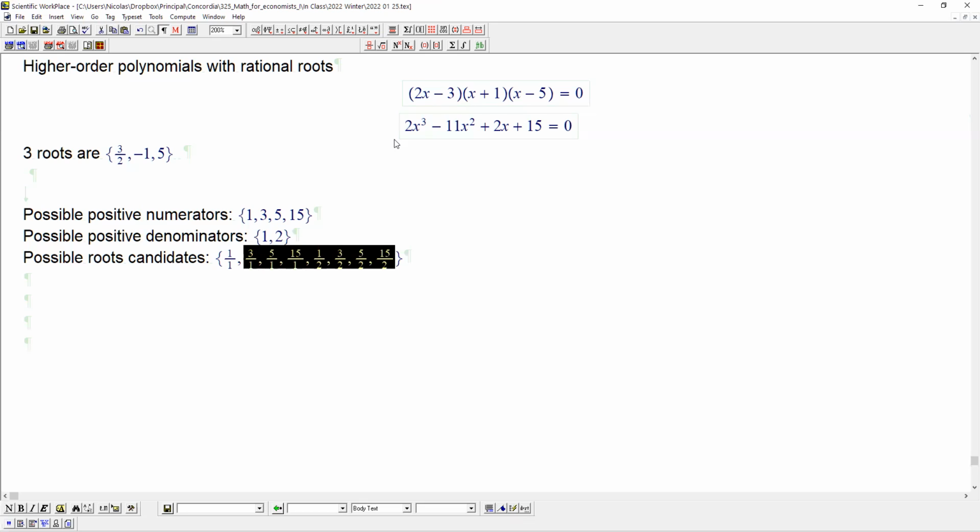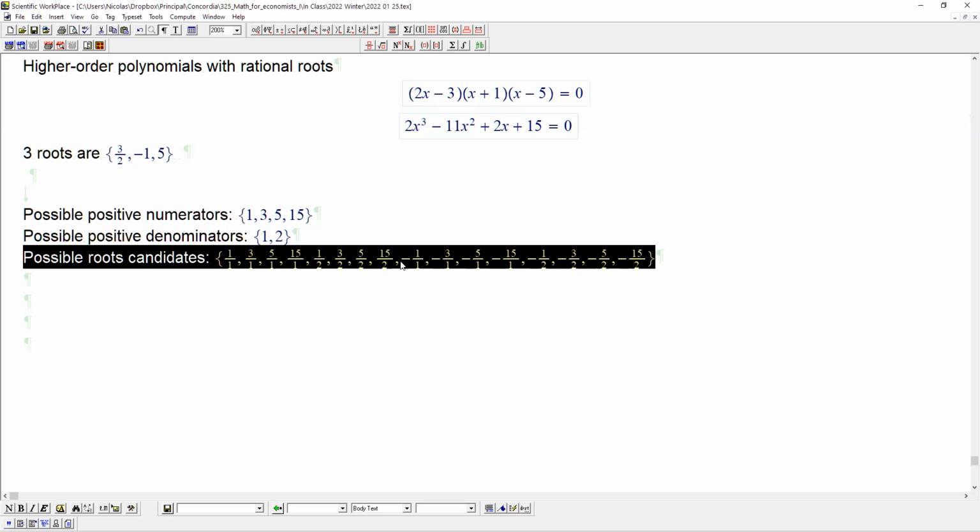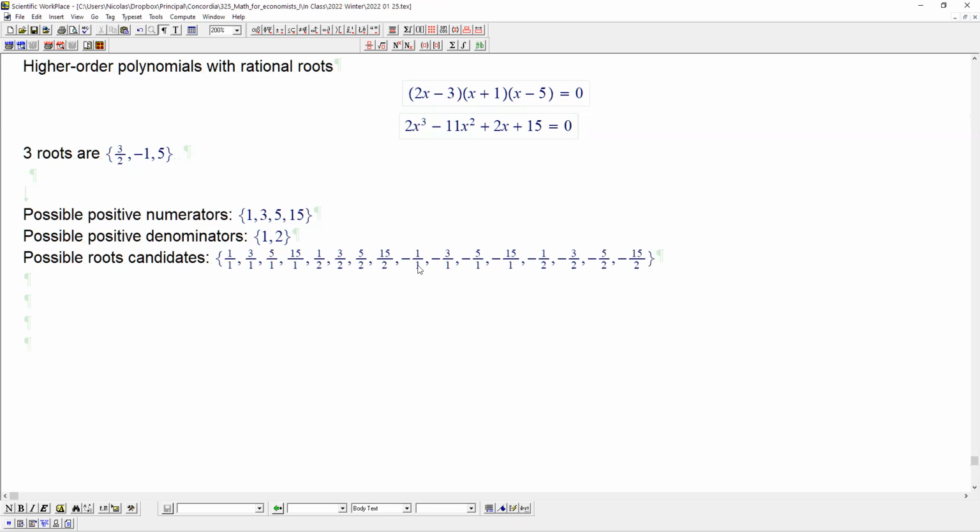Of course, here I just put the positive potential numbers because it's simpler. But now I have to add all the possible numbers with -1s in front of them. All right, so these are all the candidates. I know that my root is somewhere in there.